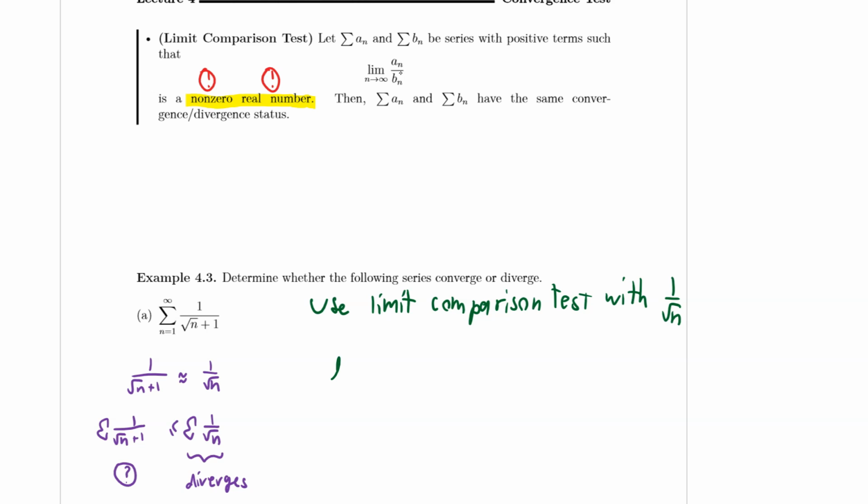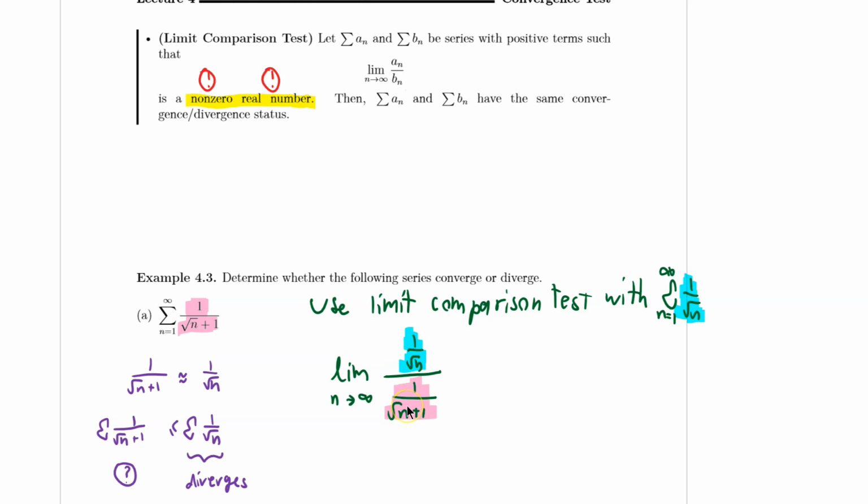So I'm going to compute the limit when n goes to infinity of 1 over the square root of n over 1 over square root of n plus 1. So I'm going to compare with the series 1 over square root of n, where n goes from 1 to infinity. So here I'm computing the limit of the ratio of the terms of the two series.